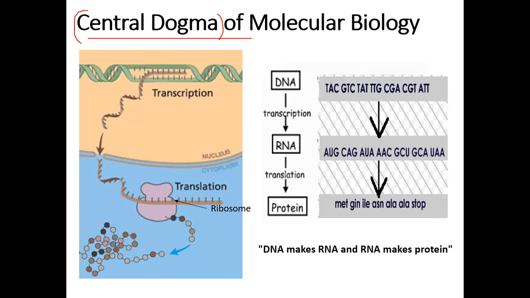So these are the genes. This is a copy of the gene created. From this gene, the copy comes out of the nucleus and gets together with a component called the ribosome, and creates a set of amino acids bound together, which would make a protein at the end.